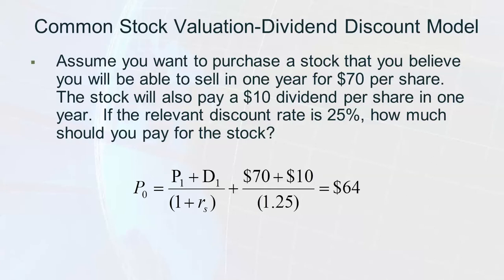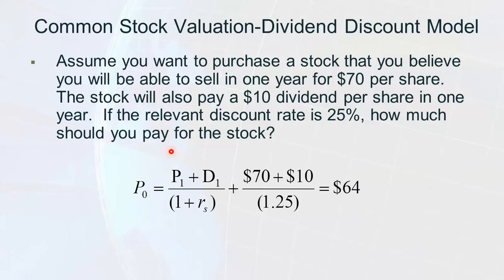So in this example, assume that you want to purchase a stock, and you believe that you're going to sell this stock for $70, and the stock will pay a $10 dividend per share in 1 year. And if the discount rate is 25%, how much should you be paying for this stock? So that's our problem.